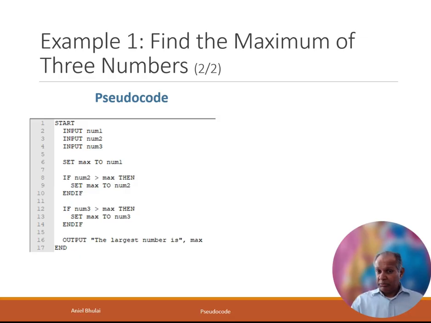So if number 2 is greater than number 1, we set number 2 as the new maximum. We do the same for number 3 in lines 12 to 14. If number 3 is greater than the maximum, then the new maximum will be number 3. In line 16, we display the maximum number.